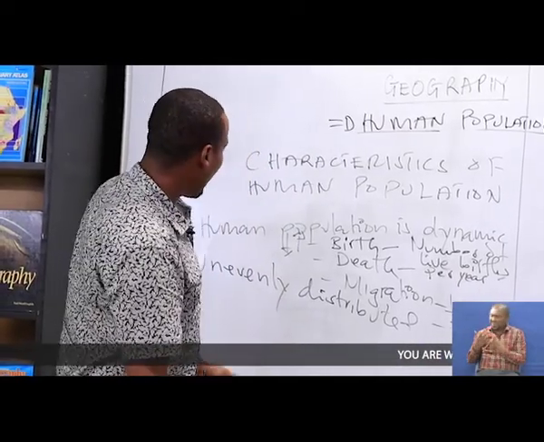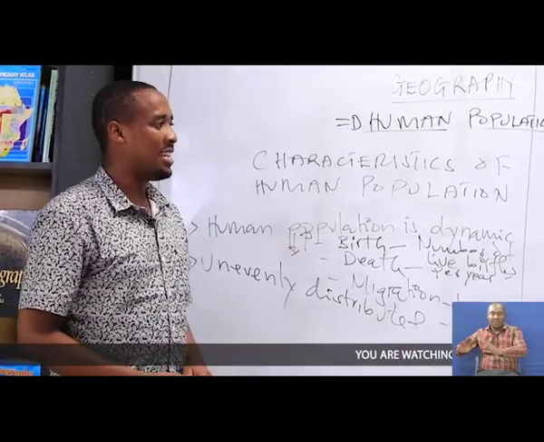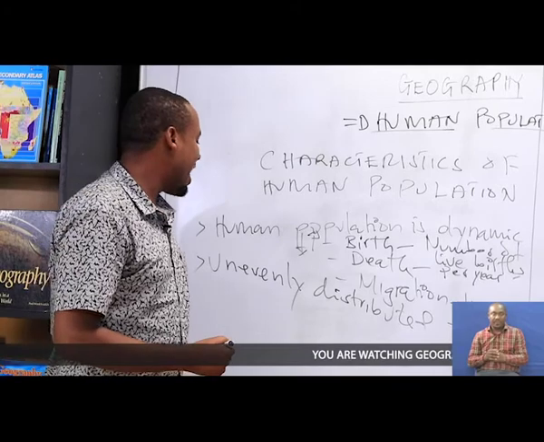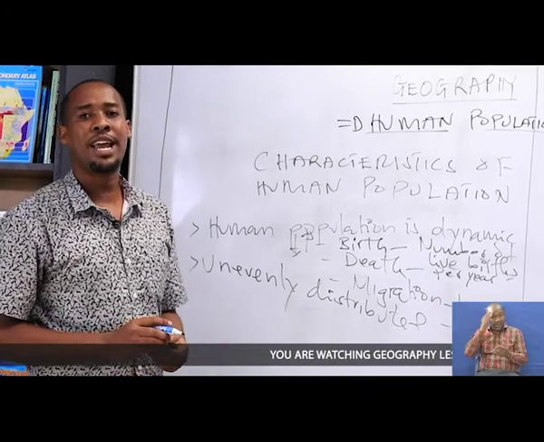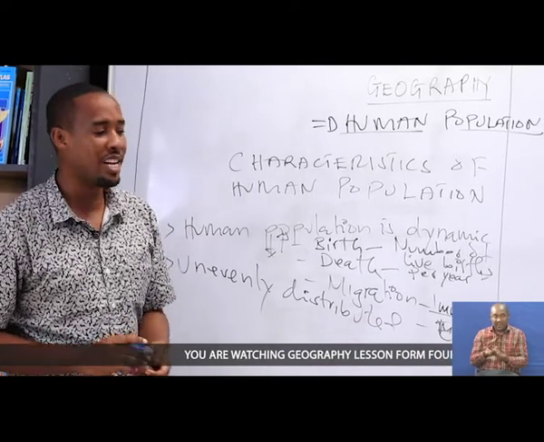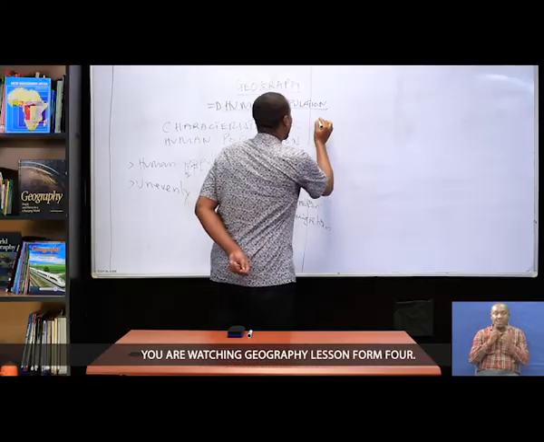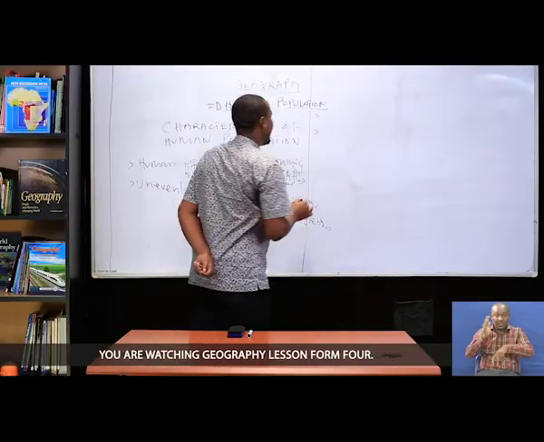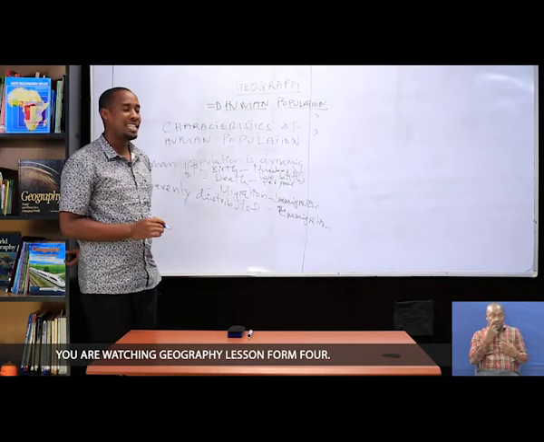After knowing these two characteristics, we remain with three main characteristics which were not discussed in the previous lessons. So today, let's start with the third and the fourth characteristics.